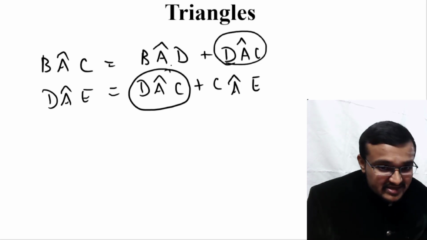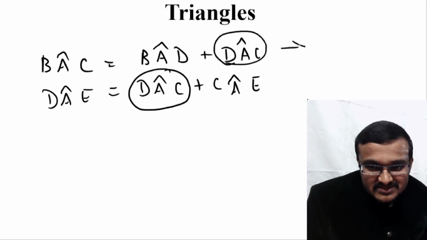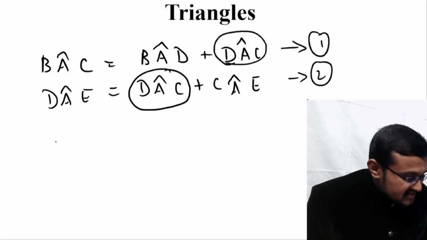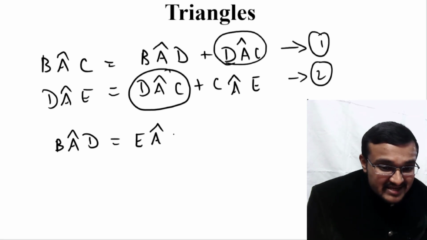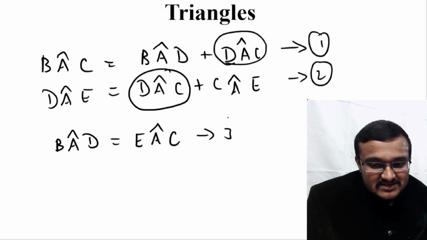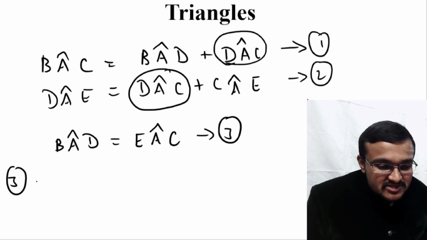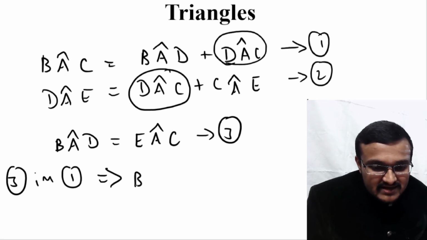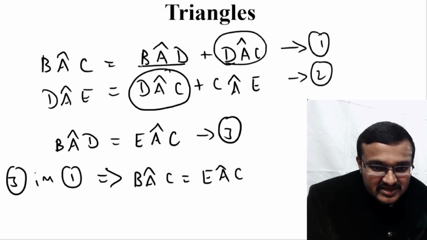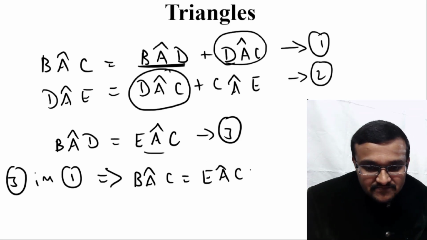If you consider the first as equation 1 and the second as equation 2, in the question we have BAD is equal to EAC. Since BAD is equal to EAC, let's call this equation 3. Substitute 3 in equation 1. Then BAC will be equal to, in the place of BAD, I can write EAC plus DAC.